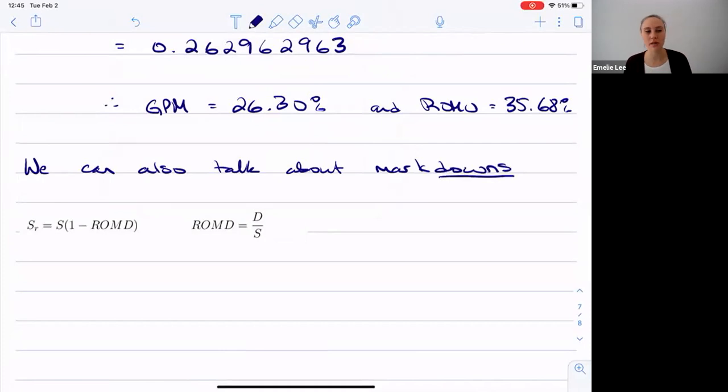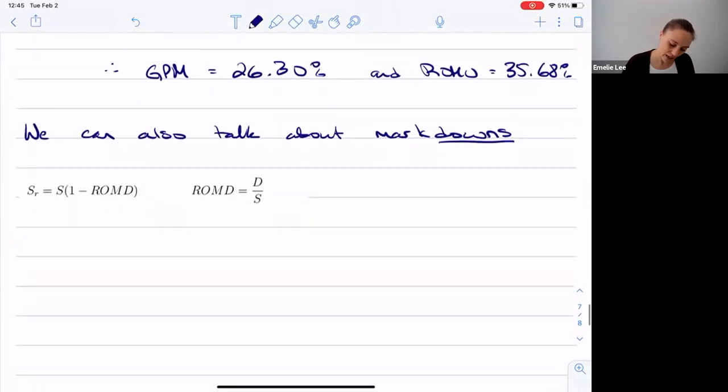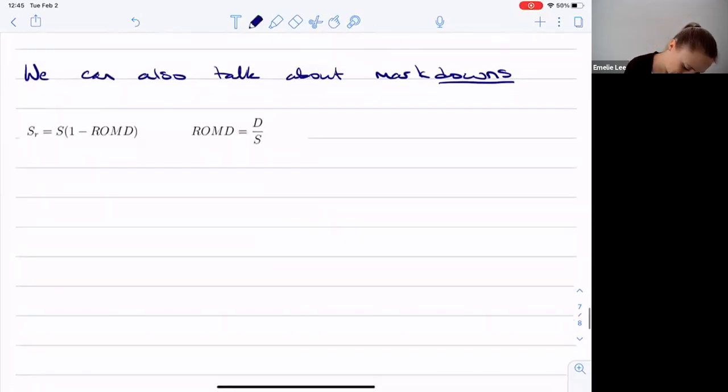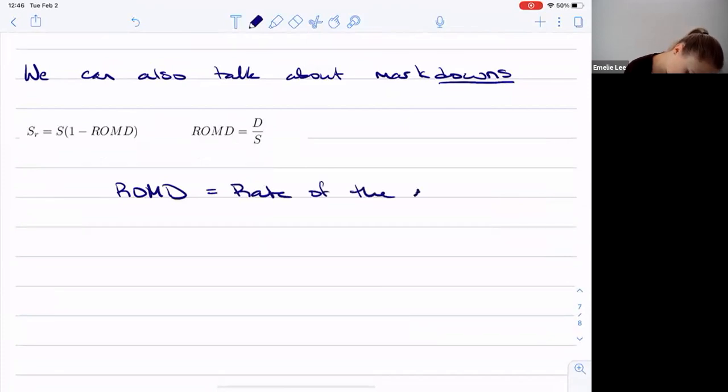Instead of markups, we can talk about markdowns, and that's the terminology that we use. It's been marked down by 20%, marked down by 18%, whatever. And so the rate of the markdown is the percentage of the markdown. So the ROMDA, as we call it, is the rate of the markdown.